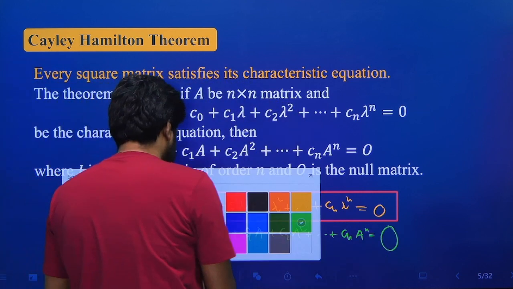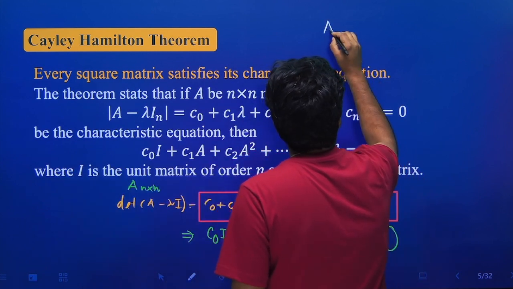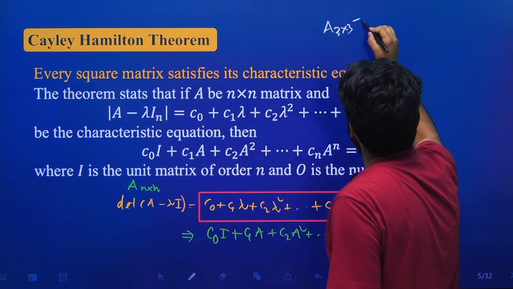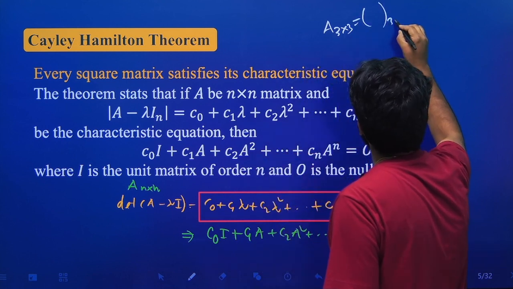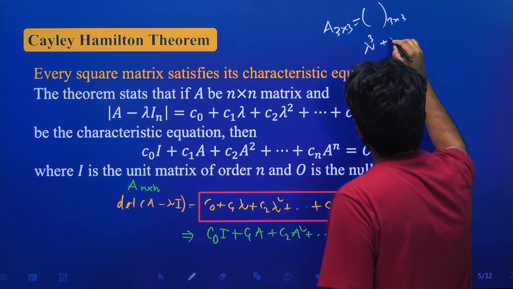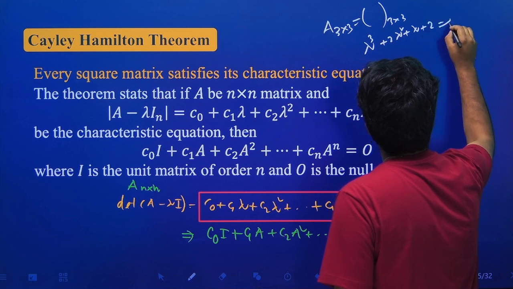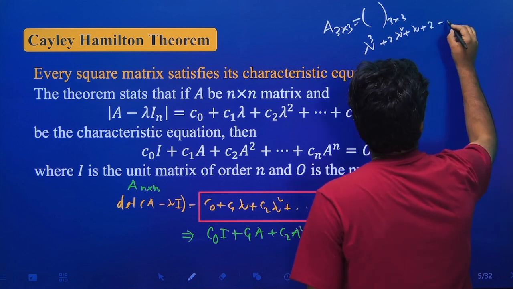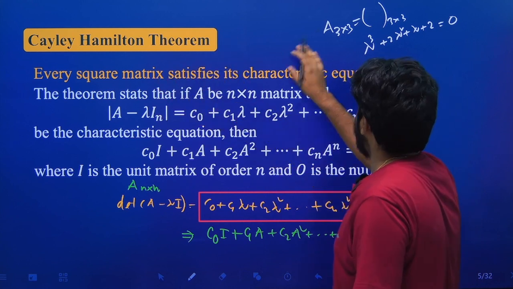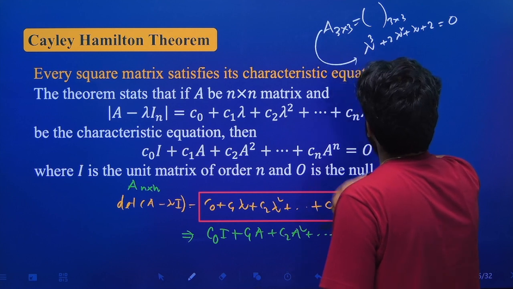ব্যাপারটা কি দাঁড়ালো? মনে করো, suppose A be a 3x3 matrix, right? তুমি characteristic equation টা পাচ্ছ, মনে করো suppose lambda cube plus 2 lambda square plus lambda plus 2 is equal to 0. Cayley-Hamilton theorem states that every square matrix satisfies its own characteristic equation. That is, A satisfies this equation.